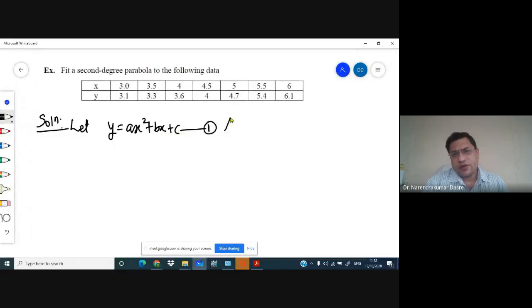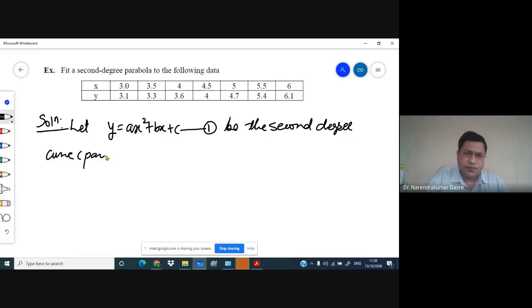Let this equation one be the second degree curve, which is a parabola. If I have this parabola, then we have to write the normal equations. Please don't memorize the normal equations by heart.